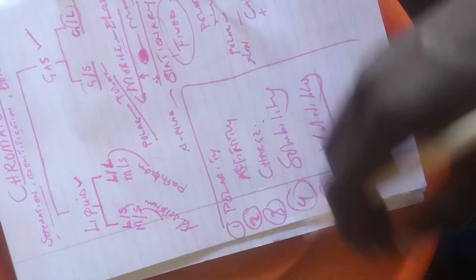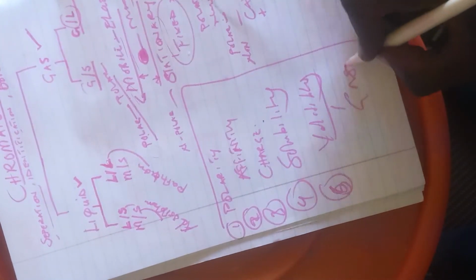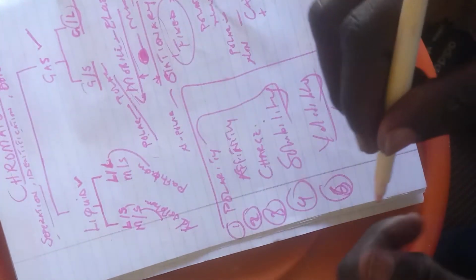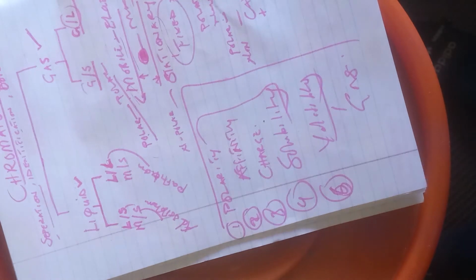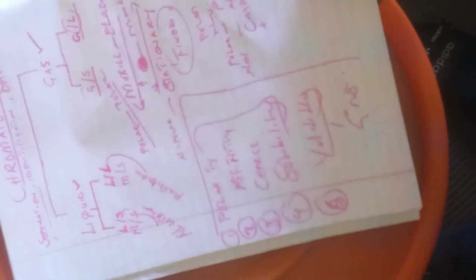This fifth one, volatility, mostly applies to gas chromatography, but these other 4 types can apply to any type of chromatography. And as we go on, we'll be able to elucidate on these types of chromatography. But those are the main basic principles of chromatography.